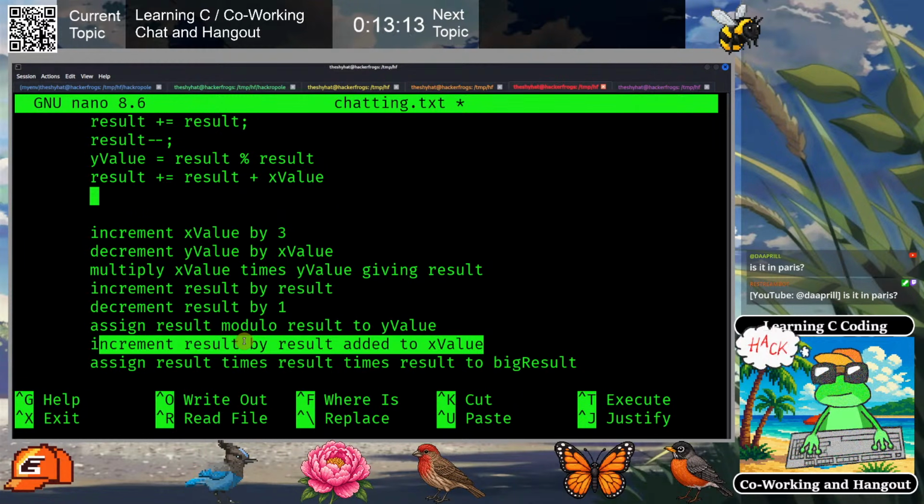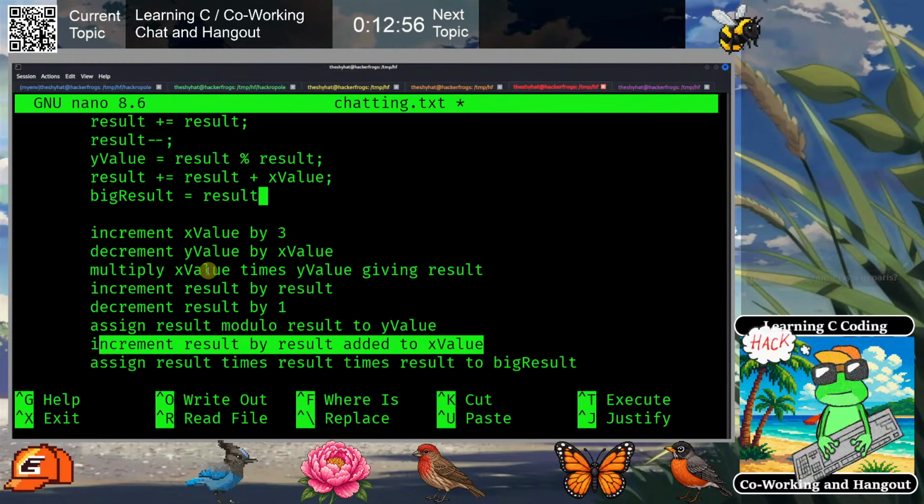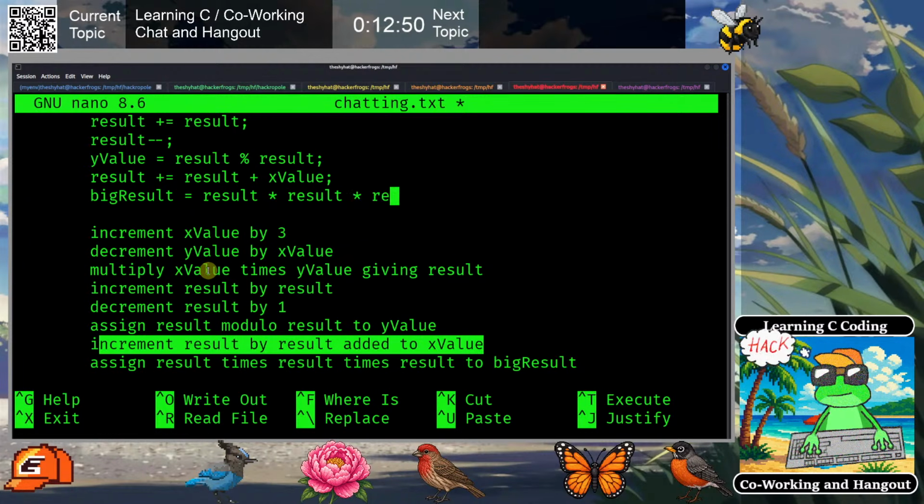Okay, and the next one is assign result times result to big result. So big, oh, I forgot to put in my semicolons. Big result equals result times result times result.